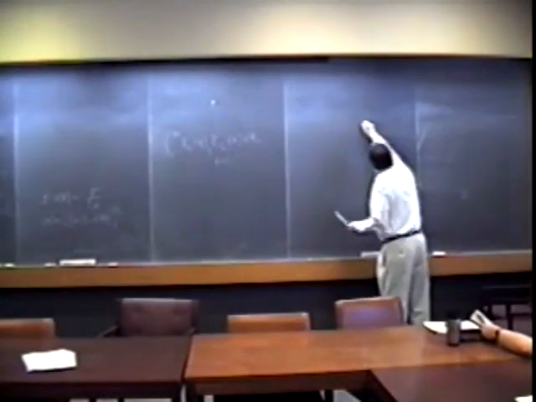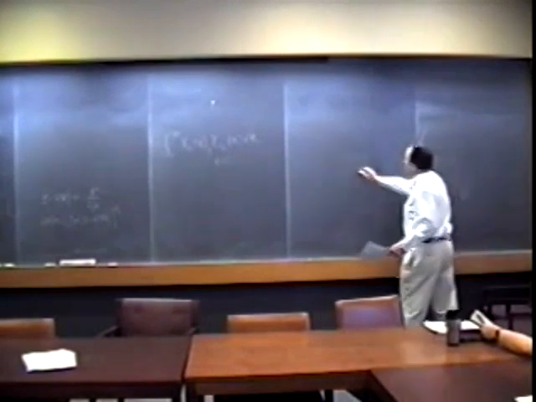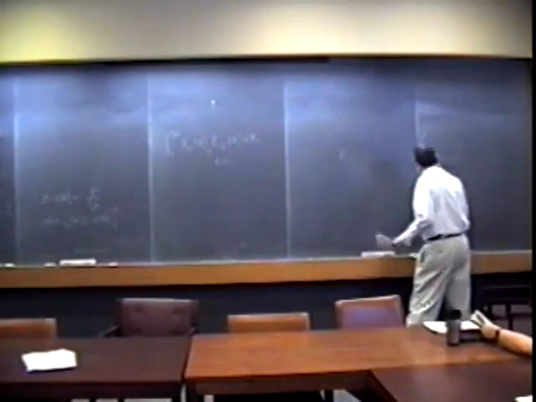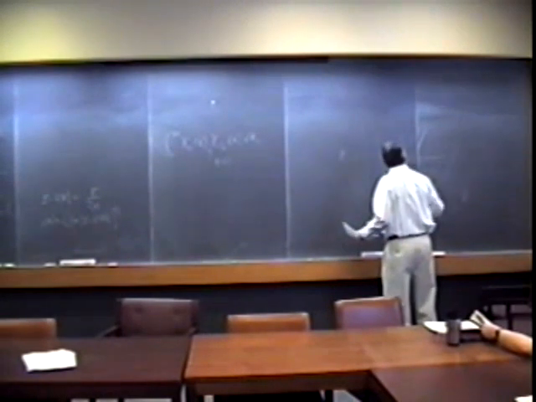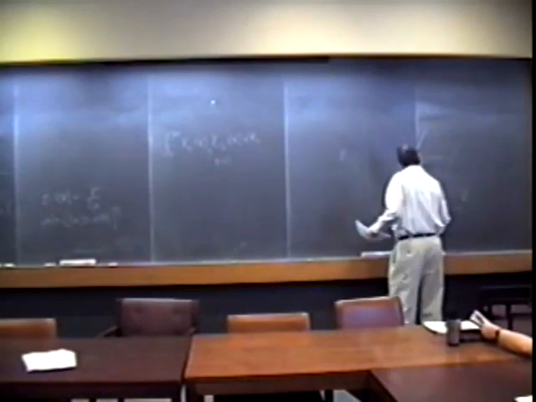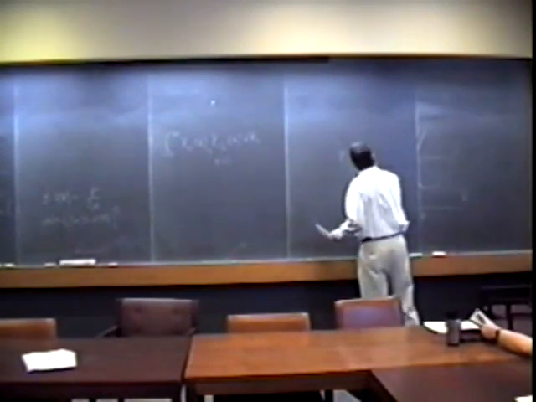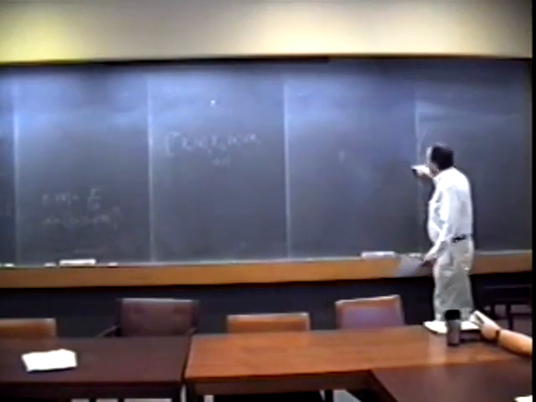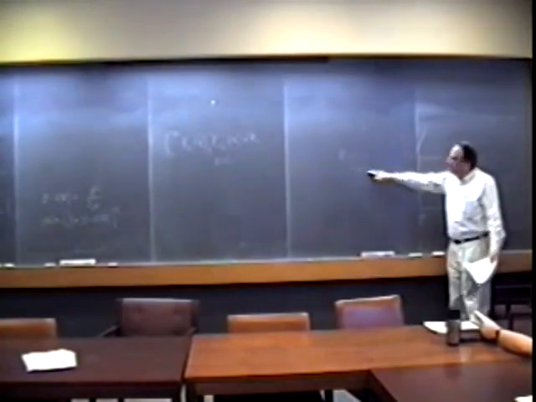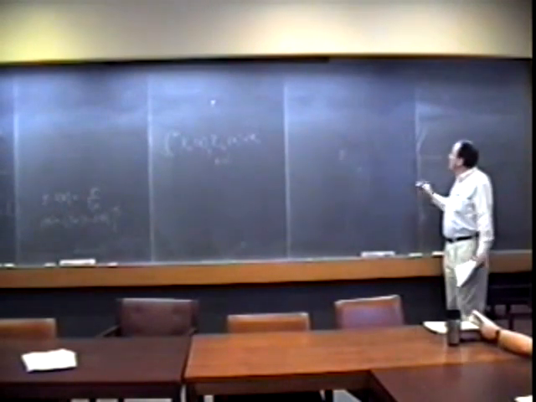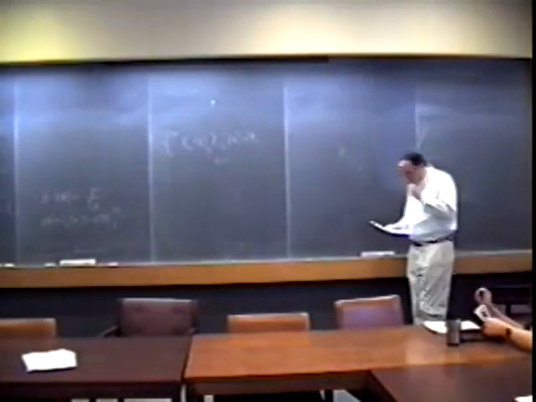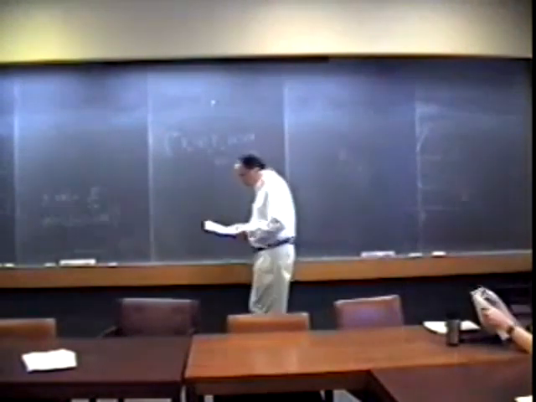So on this plot of energy versus R, where these things cross, we have R_c and E_c. The two curves intersect at a particular energy, and they intersect at a particular R. And those two quantities are going to play a critical role in everything we do. Okay.